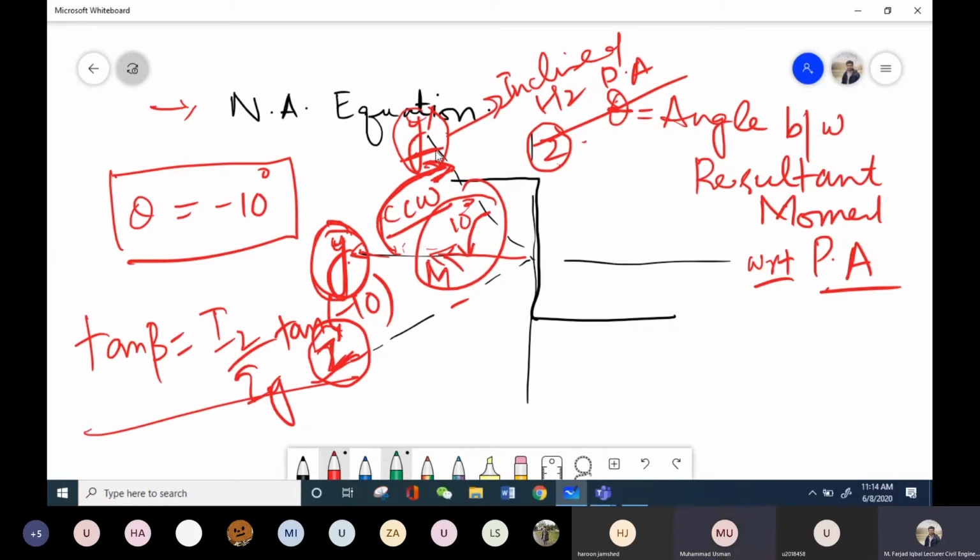So what will be my horizontal axis in the inclined case? This y dash, right? Because y dash is the rotation of the y axis. That is why I am taking this angle theta with respect to the principal axis.